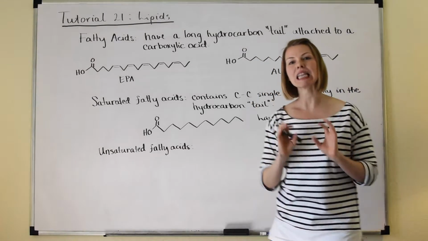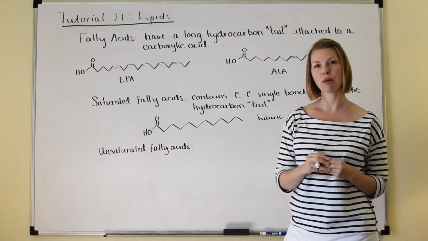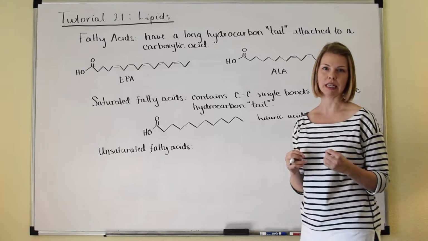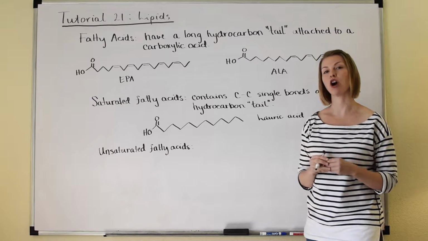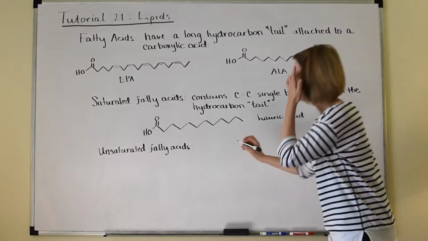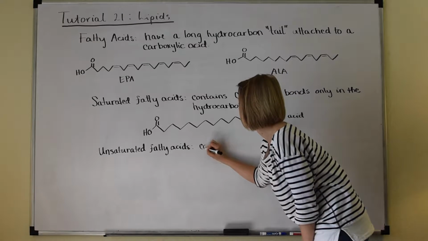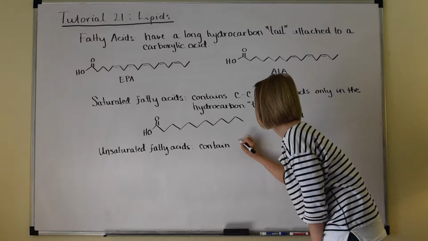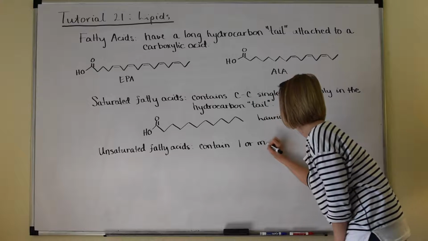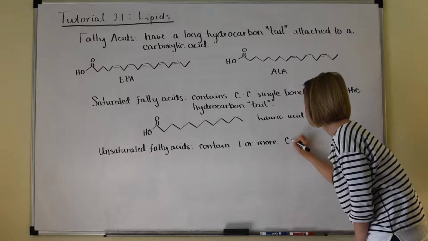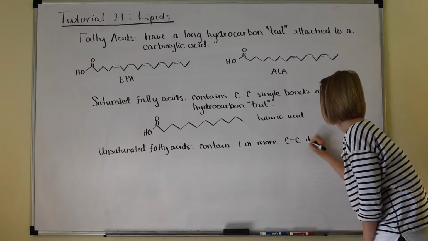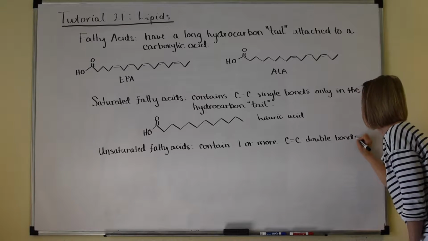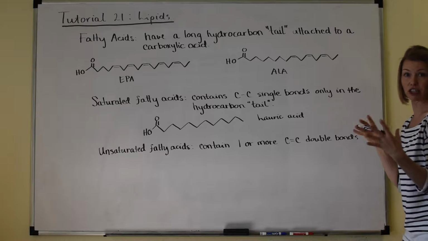It contains less than the maximum possible number of hydrogens because it contains carbon-carbon double bonds, one or more carbon-carbon double bonds. So it's right here. Unsaturated fatty acids contain one or more carbon-carbon double bonds. And that, again, is in that hydrocarbon tail.